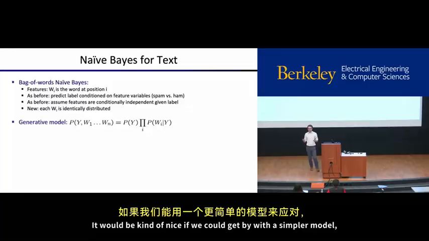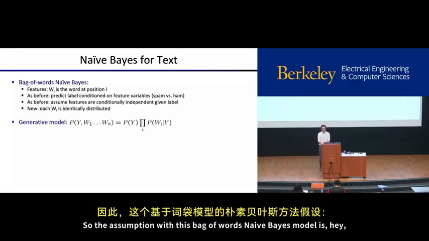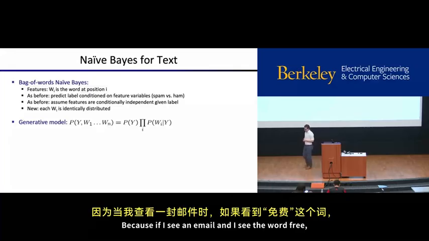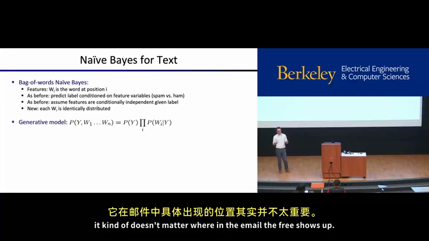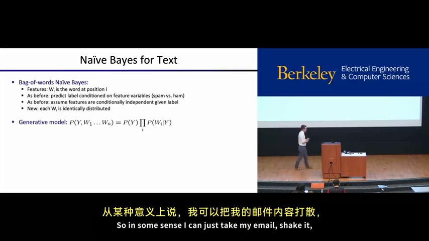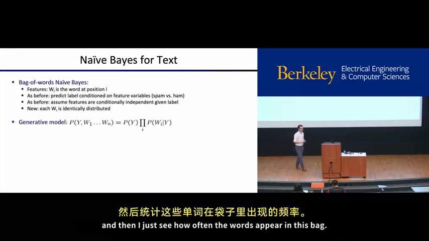It would be nice if we could get by with a simpler model, and maybe it'd be easier to learn. So the assumption with this bag of words naive Bayes model is, what if all the words are identically distributed? Because if I see an email and I see the word free, it doesn't matter where in the email the free shows up. It's position independent. So in some sense, I can just take my email, shake all the words off of it into a bag, and then I just see how often the words appear in this bag.